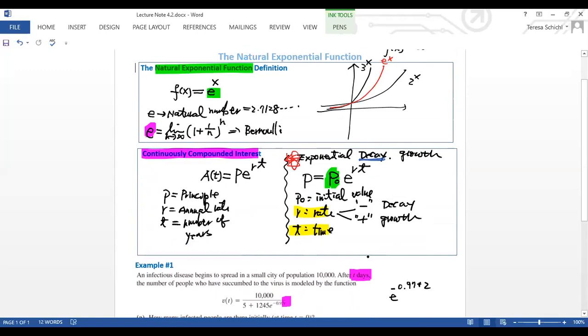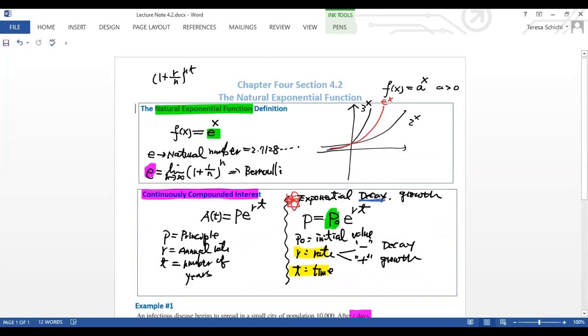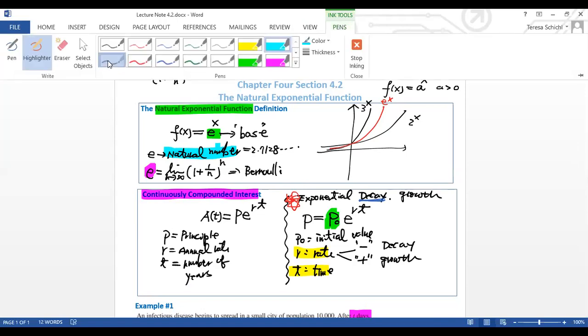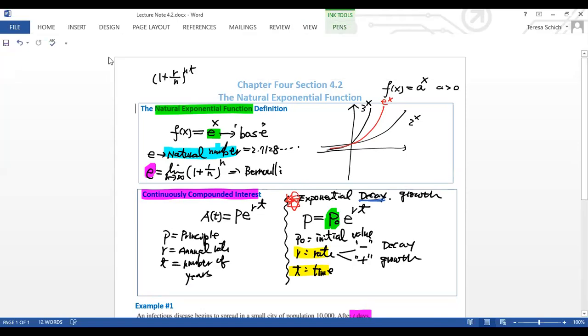The idea is easy. The base, instead of any number like 8, is the natural number e. Like I said, in most math topics, when you talk about the exponential function, most likely they are referring to e to the x.